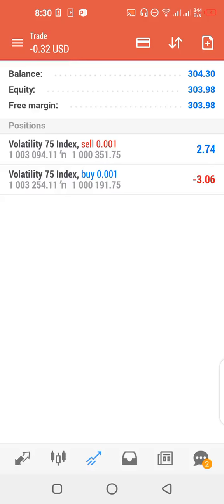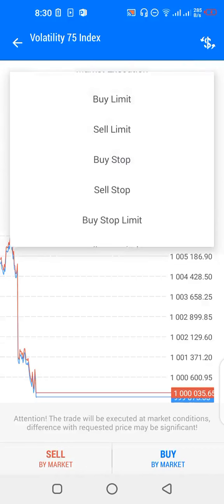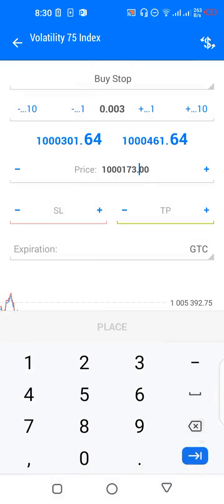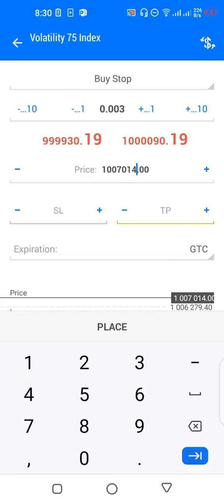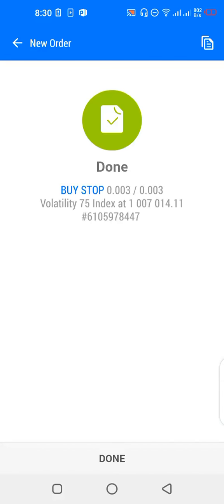For the sell trade, I should be having a sell stop, a buy stop rather. Okay, for the sell trade, that'll be at 1007014.11. Okay, that's for the sell trade.